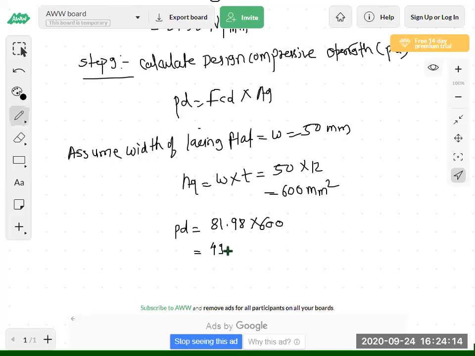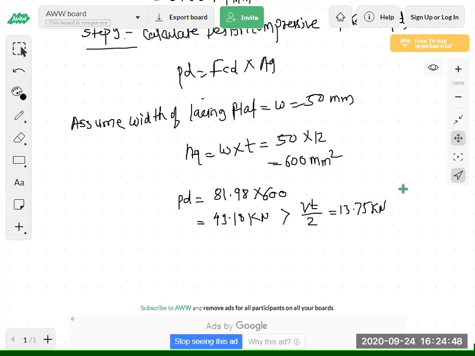So it means 49.18 kilonewton, correct? And it should be greater than VT by 2, correct? So VT is 13.75 kilonewton. Is this correct? Yes, sir. Shear resisted by each end means VT by 2. Okay, and now last step.